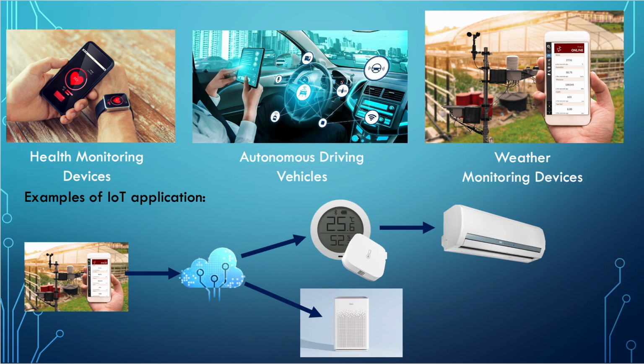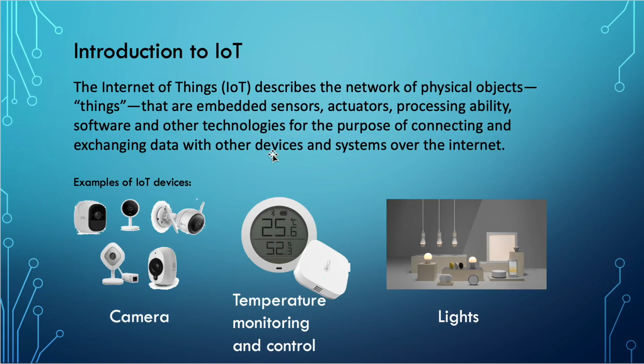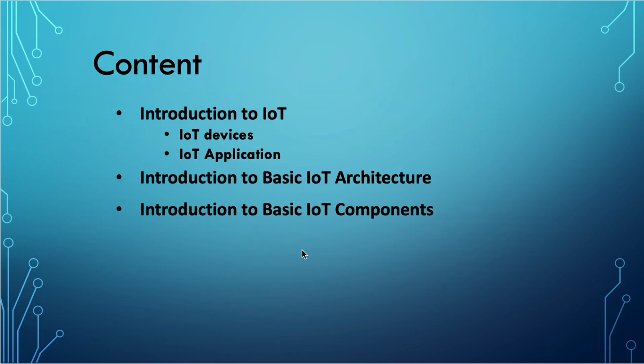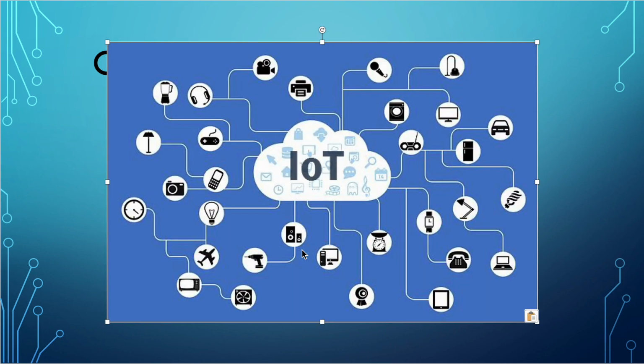Before looking into this, we will try to understand what are examples of IoT devices, what are the points that we are trying to look at in this network, and what are the examples of applying this. So let me paste here a small picture.